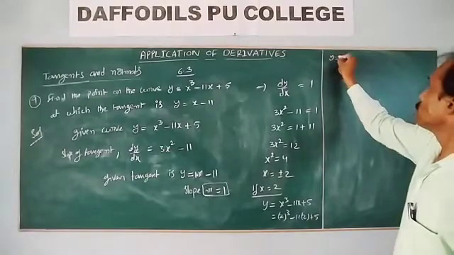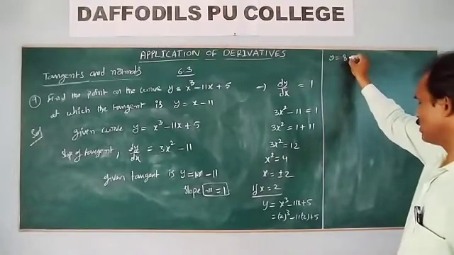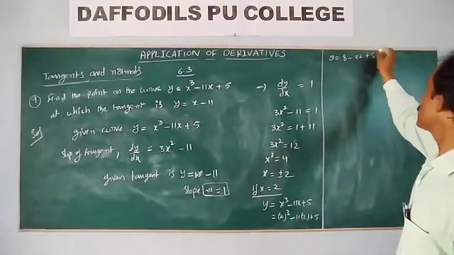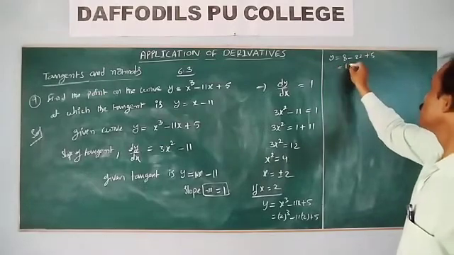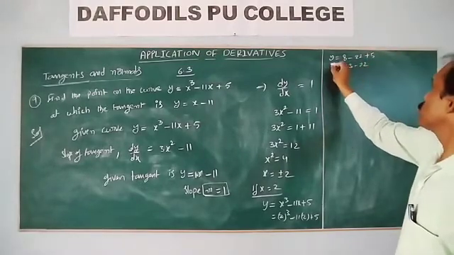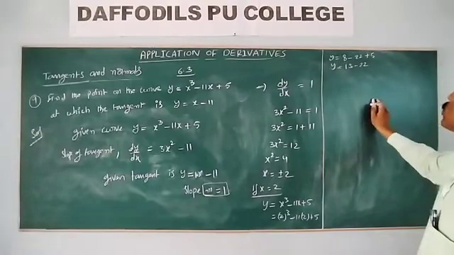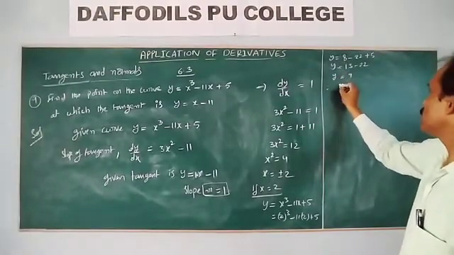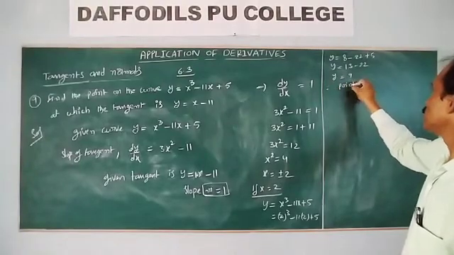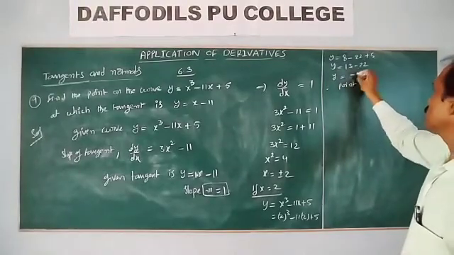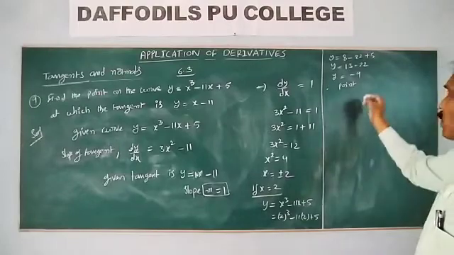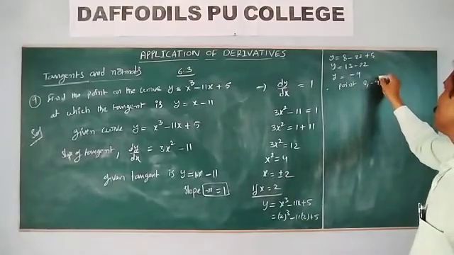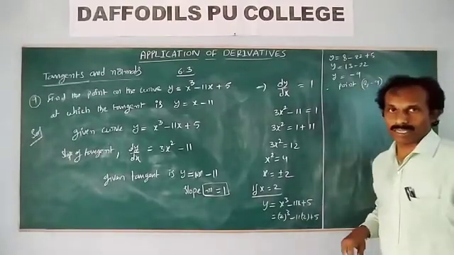Therefore y is equal to 8 minus 22 plus 5. 8 plus 5 is 13, 13 minus 22 is minus 9. So one point is 2 comma minus 9.